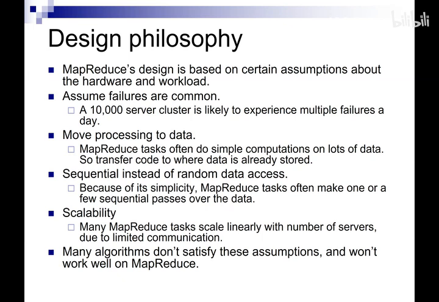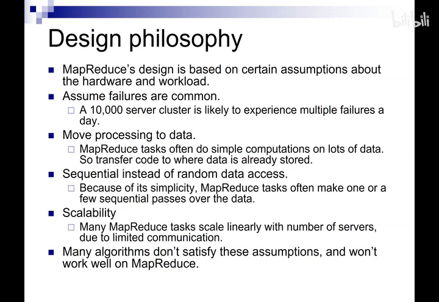Okay, so the upshot is that there are certain algorithms which run very well in MapReduce, and we'll see some of them today. But there are definitely lots of other algorithms which do not run well in MapReduce. These algorithms would be any algorithm which requires doing many computation steps.